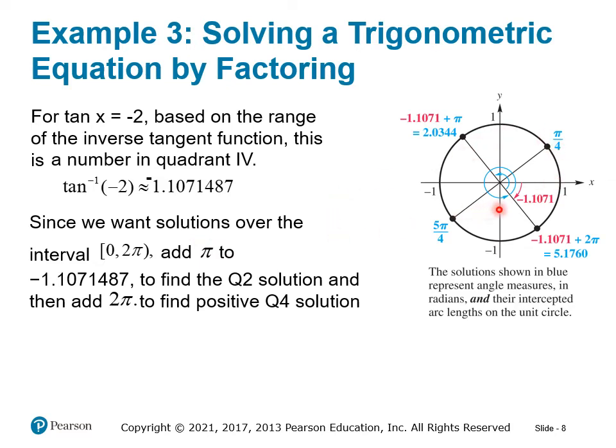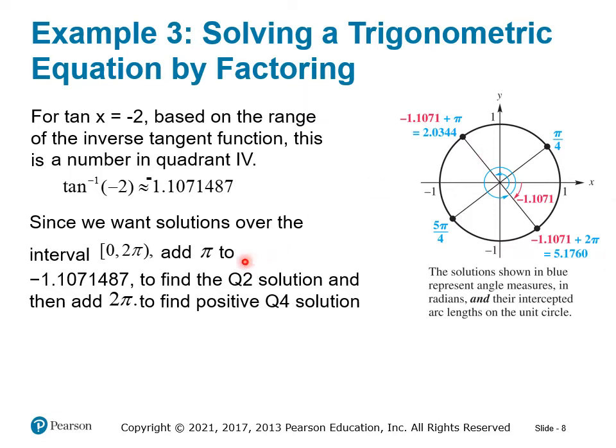I also then need to add 2 pi to this value, because notice this value is not between 0 and 2 pi, it's negative. It's not in the domain that we were given. So I need to add 2 pi to it to get to a positive quadrant 4 value, a coterminal angle between 0 and 2 pi, not a negative value.